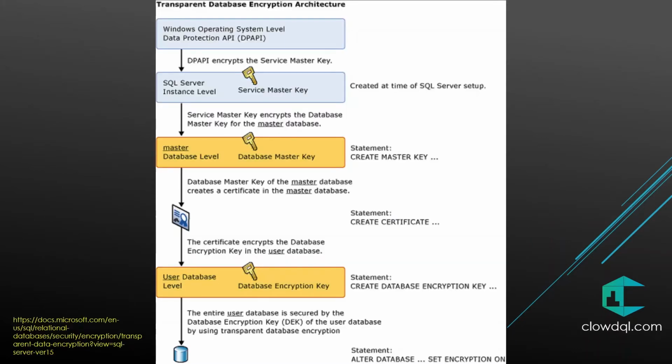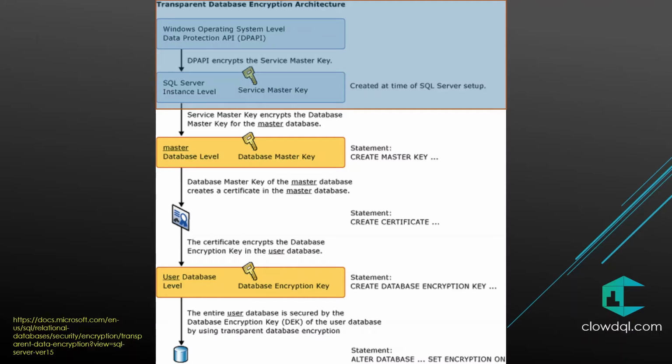Now let's have a look at the encryption architecture and how it's managed on the database server. This diagram is taken from Microsoft's documentation, and you can check out their page using the link in the bottom left corner, which I will also put in the description below. So here is the encryption hierarchy, and it starts from the operating system level, which has a data protection API that encrypts the service master key of the SQL Server instance.